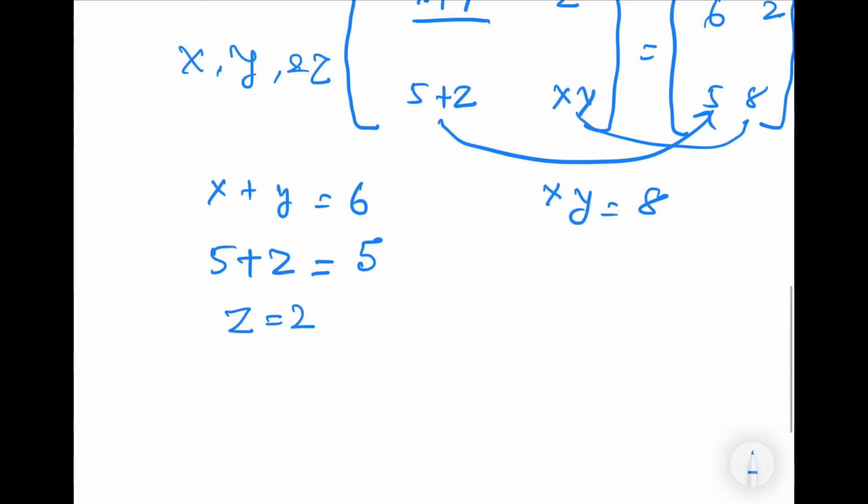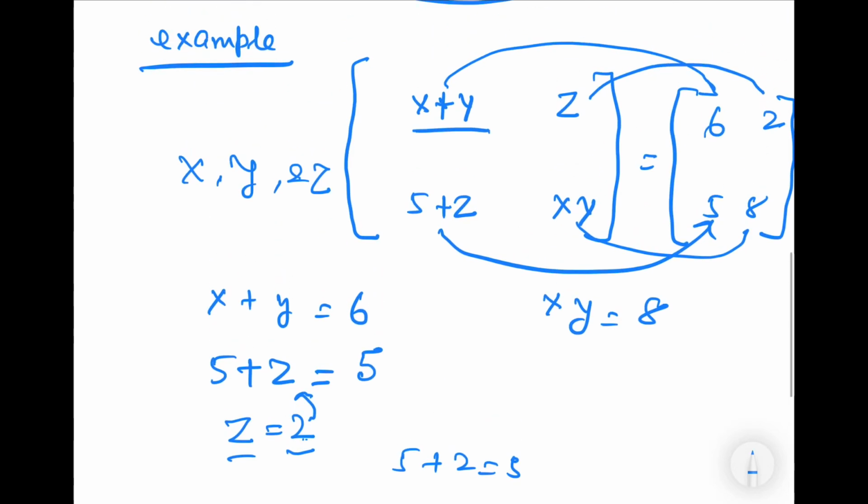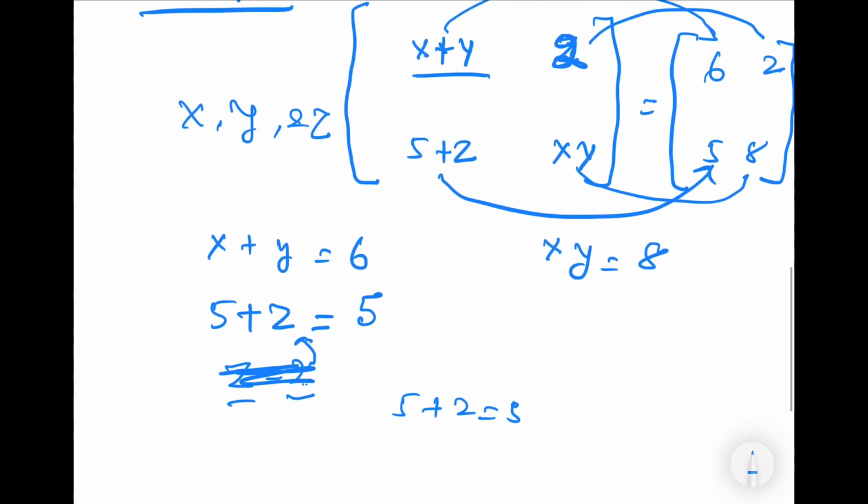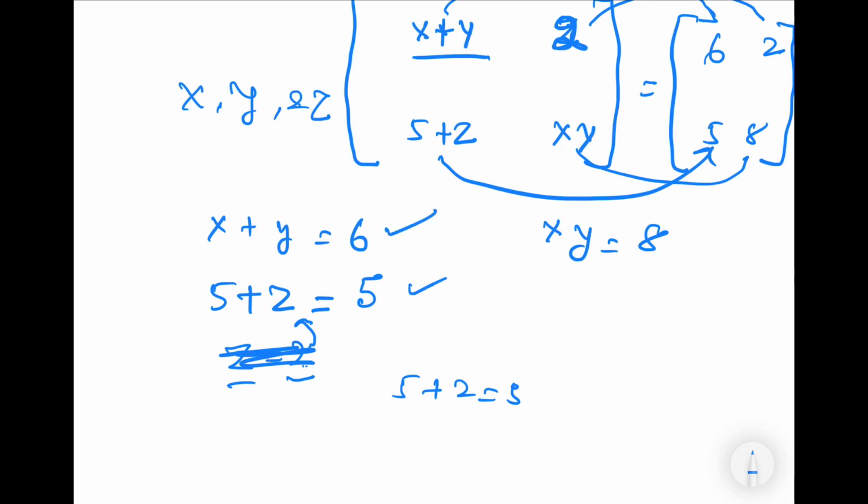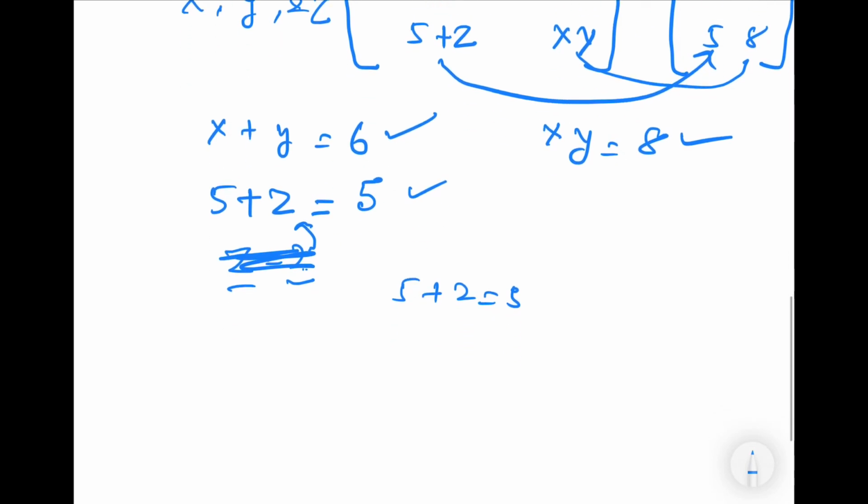Now, you have to find x, y and z. See, z is equal to 2, putting z equal to 2 in this, 5 plus 2 is equal to 5. Sorry, this is also 2. So, z is not 2. We are getting only these equations. These are the three equations we are getting. So, with these equations, we have to solve x, y and z.